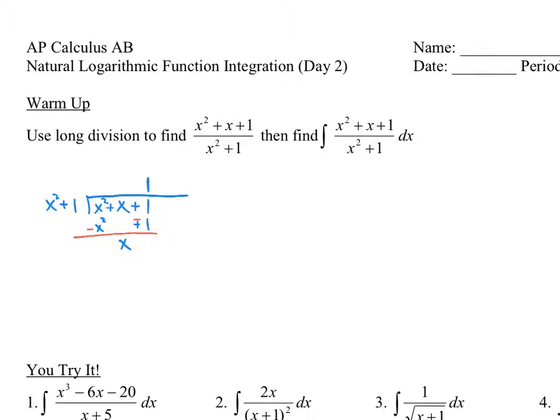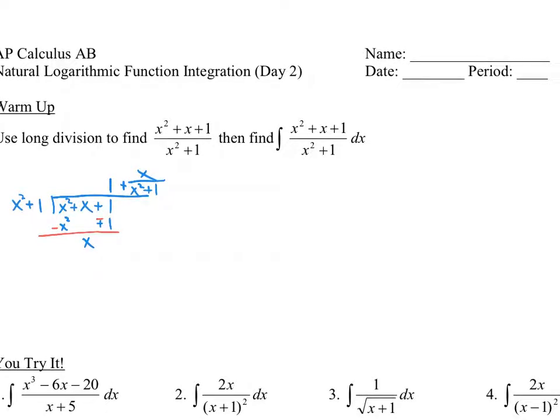So, since it's a smaller power, I know I can simply write my remainder now as x over x squared plus 1. Okay? So there is our polynomial long division, and when I'm trying to find this integral, I can now make this the integral of 1 dx plus the integral of x over x squared plus 1 dx.